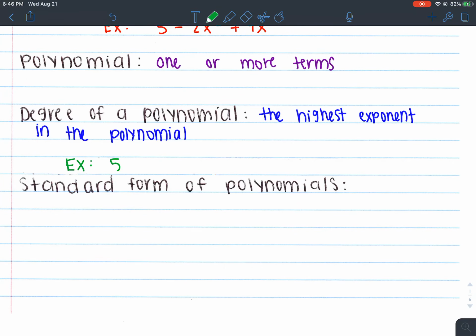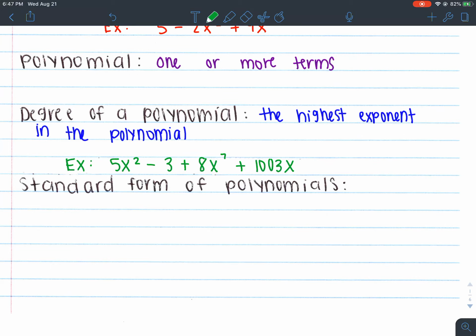So I have 5x squared minus 3 plus 8x to the 7th plus 1003x. So if you could go ahead and copy that down, that would be awesome. So I just wrote down a lot. So if you want to write that down, that would be great.